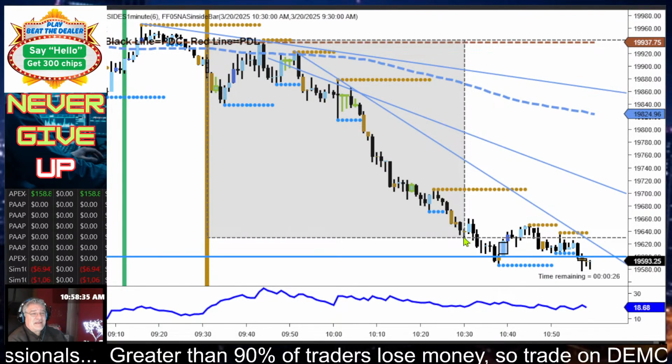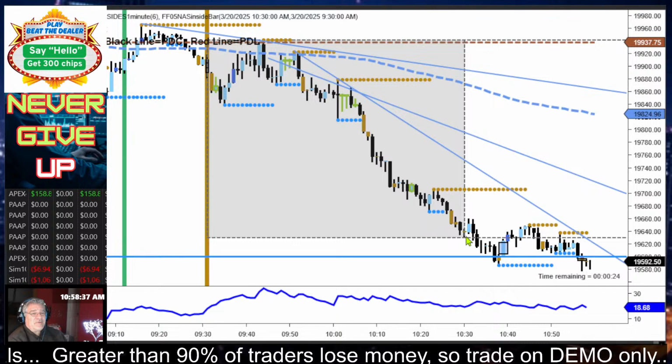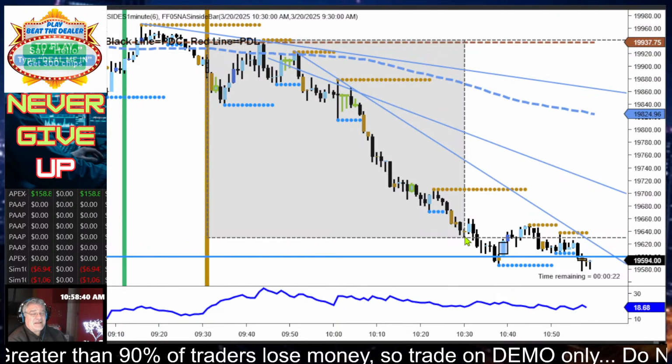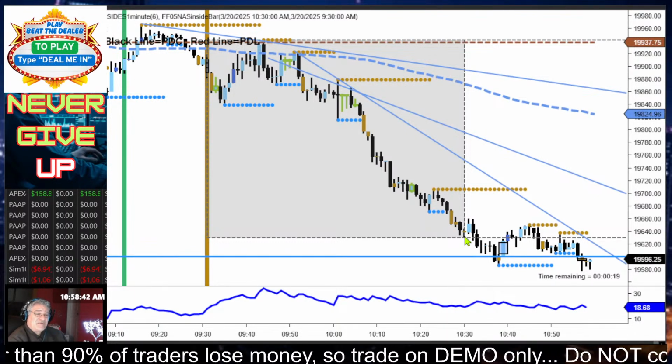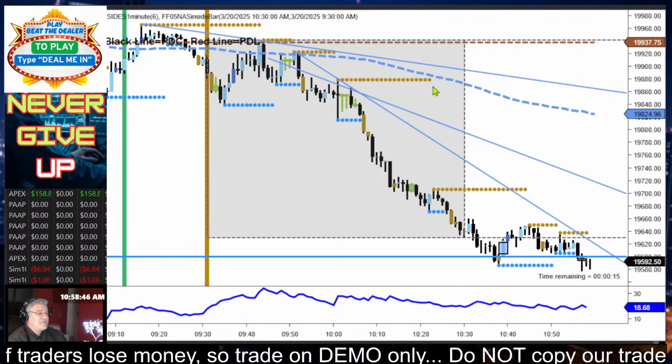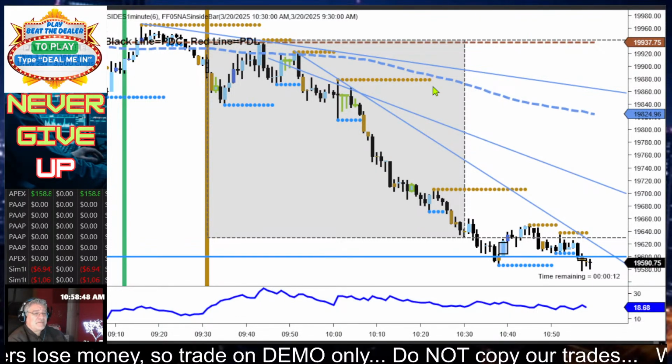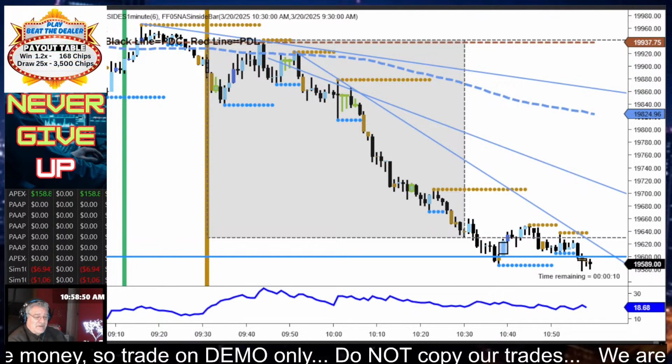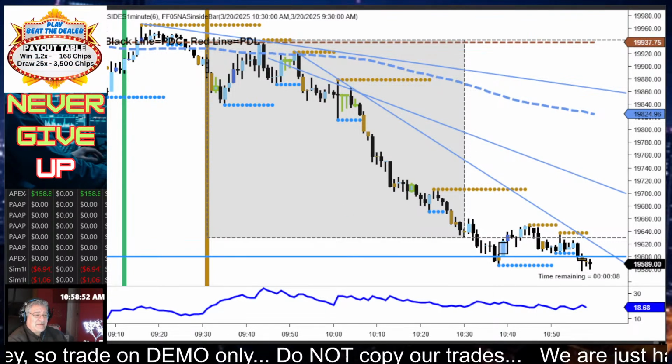Once I saw this at 10:30 and we were right at the low of the initial balance, I was saying that from observation, probability-wise, we're going to be continuing lower. So I am expecting continuation to the downside now.